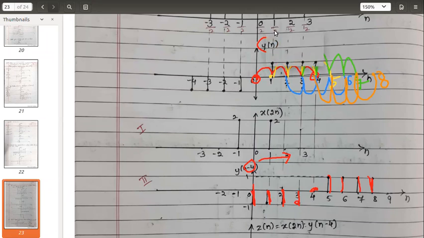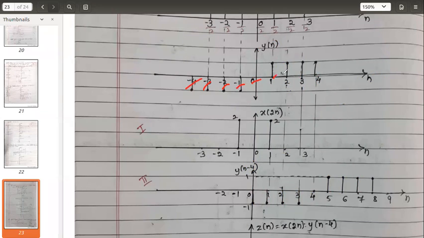Okay, sample by sample you can shift and do the manipulation. So I hope you understood this. Take each sample, shift it by 4, draw it. Each sample. So 9 times you should shift it. 1 sample, 2 sample, 3, 4, 5, 6, 7, 8, 9. 9 times shifting you have to do for each sample.